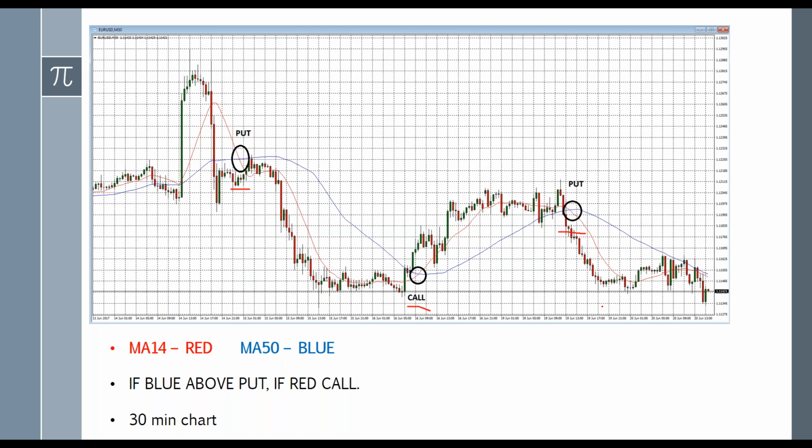We're looking over here at a 30-minute chart, which means every candle represents 30 minutes in the market. So if I consider and open a position over here, I will open a position for a minimum of 2 hours.